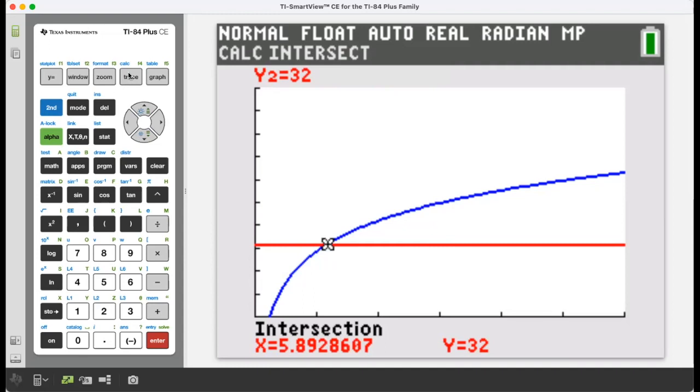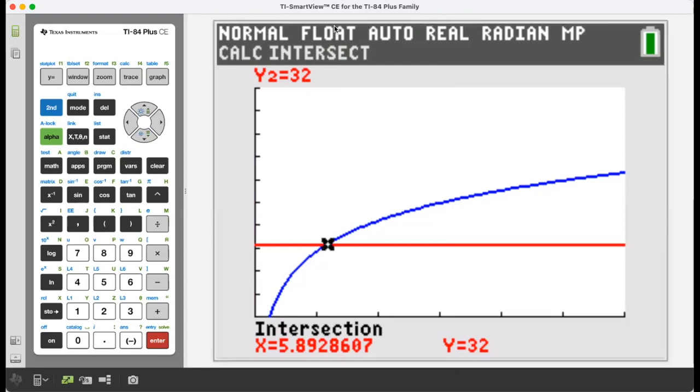So a 32-year-old horse will, in human years, be 5.893 years. So let's go back to our page and record our results.